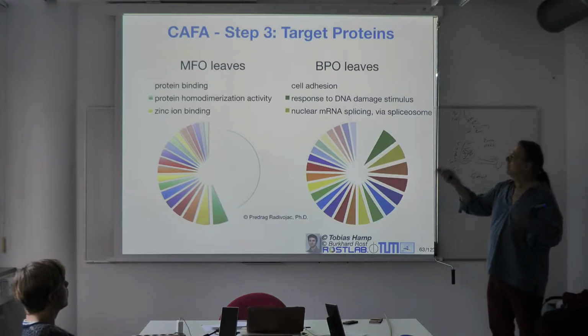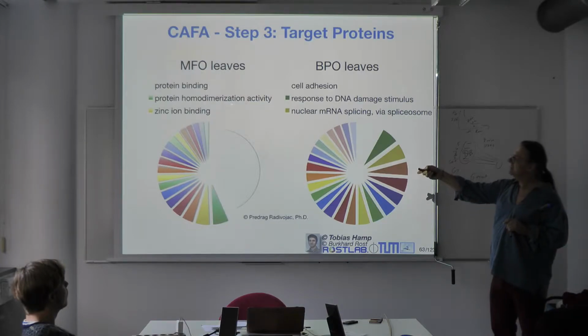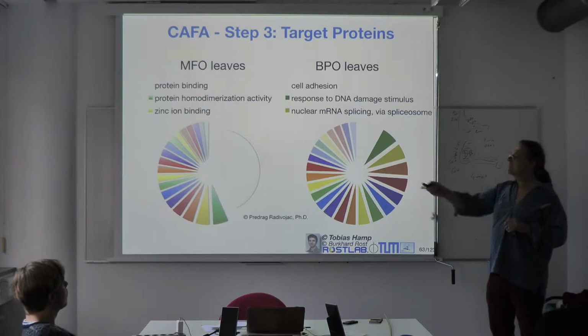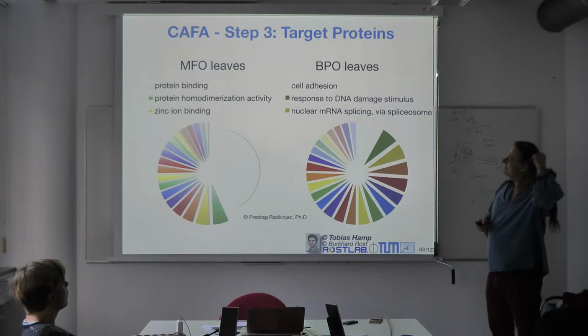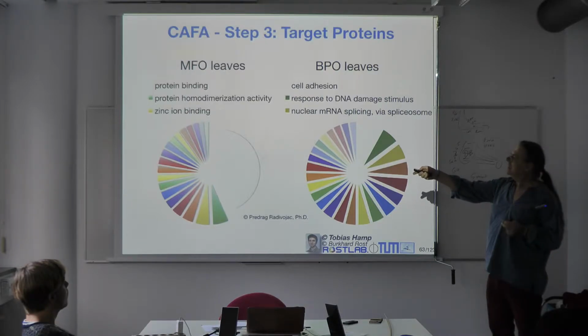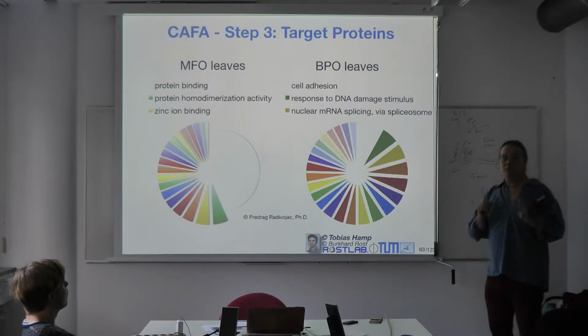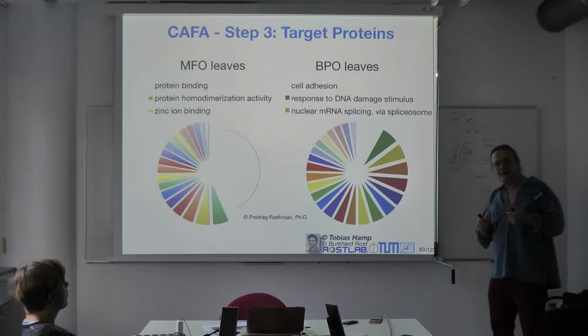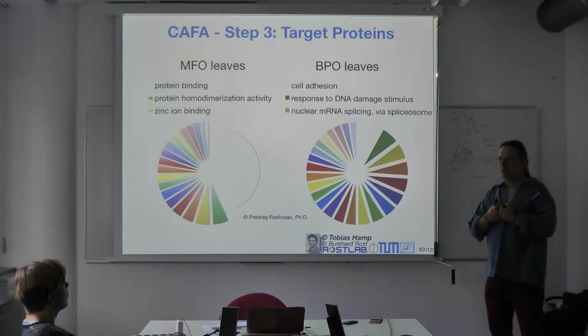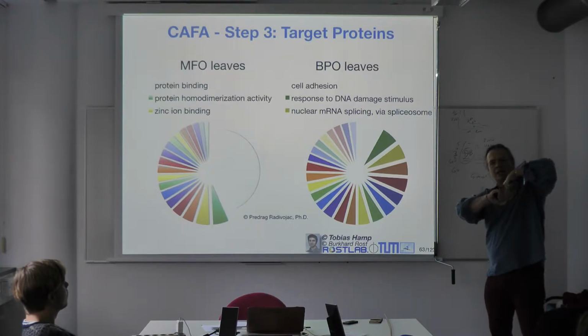Protein binds. Protein has some zinc ion binding; zinc ion is a fairly frequent thing. It has some homodimerization activity, which means you have some evidence that it forms a dimer. ADH1, I showed you, in order to act, the enzyme has to come together as a homodimer.